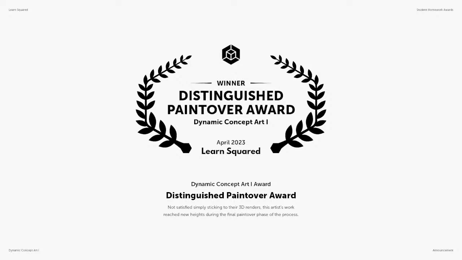As Learn Squared describes it: not satisfied simply sticking to their 3D renders, this artist's work reached new heights during the final Paintover phase of the process. There's been some incredible work that came out of Lesson 4 of this first course. So amazing work to everybody who has submitted their final homework in the first course.